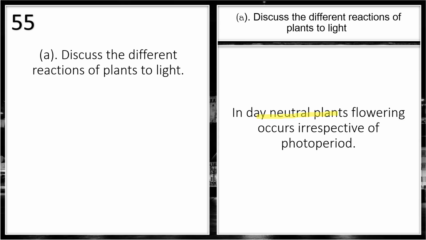In day neutral plants, flowering occurs irrespective of photoperiod.